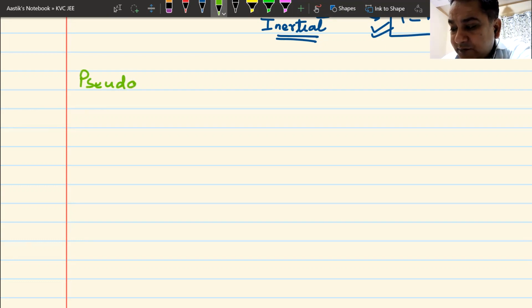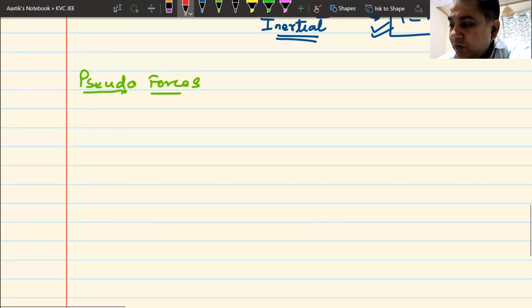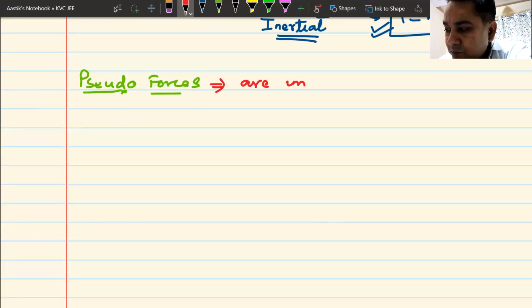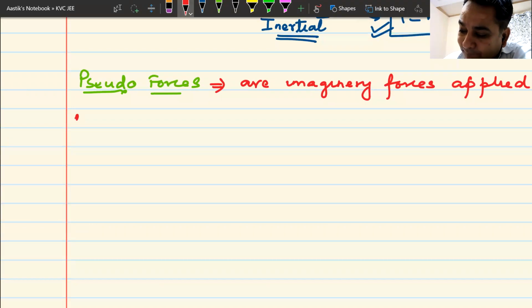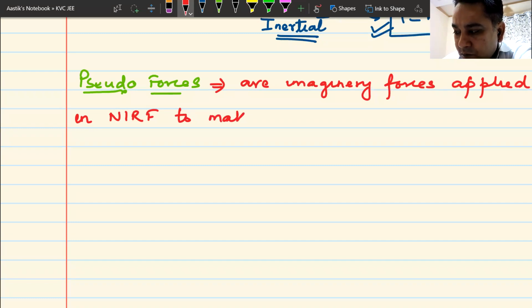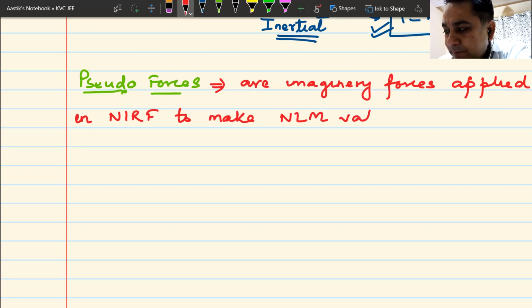So what are pseudo forces? Please, I hope you are writing. Pseudo forces are imaginary forces applied in a non-inertial reference frame to make Newton's laws of motion valid.